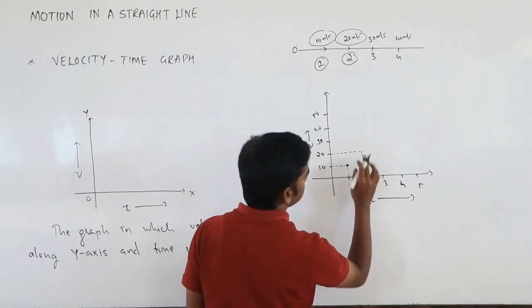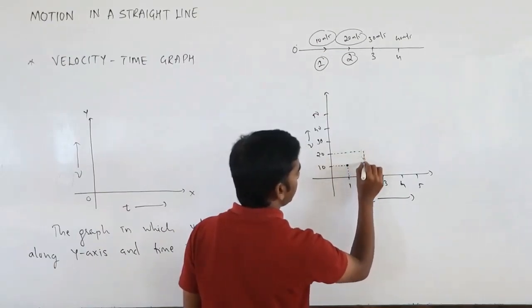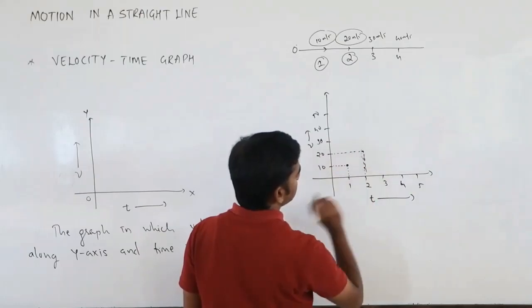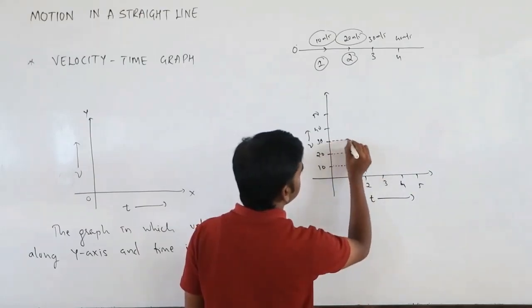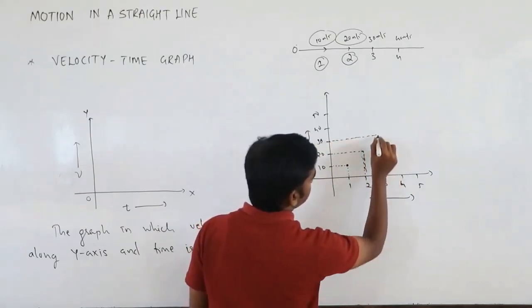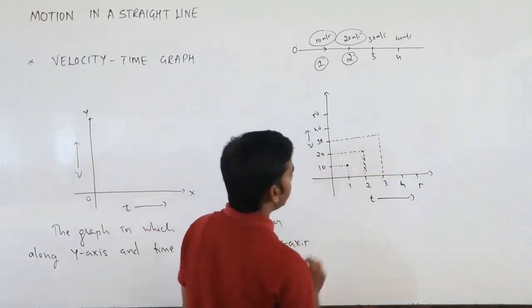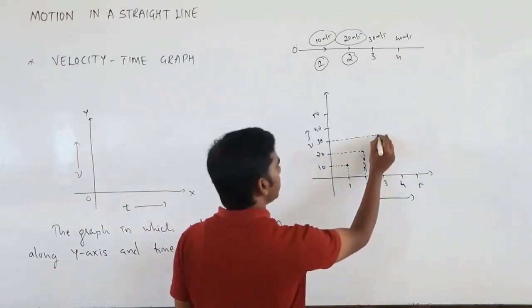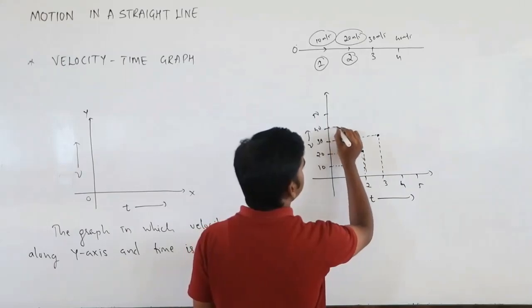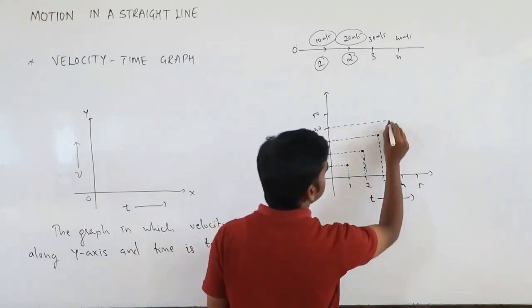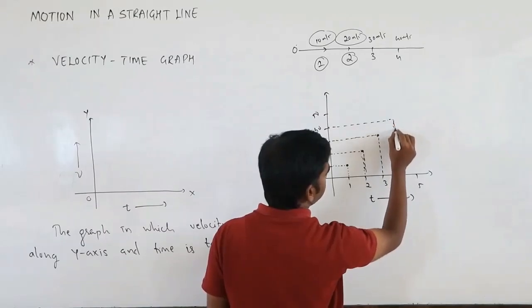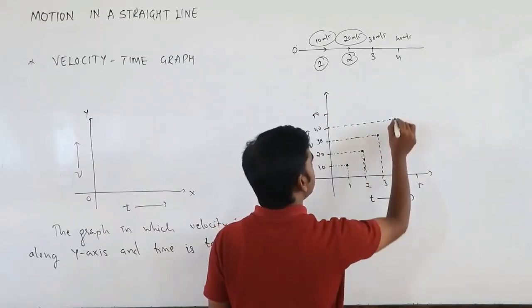This is the second point. When time equals 3 seconds, you get this third point. For 4 seconds, the speed is 40, so this is your fourth point. So these are the points.